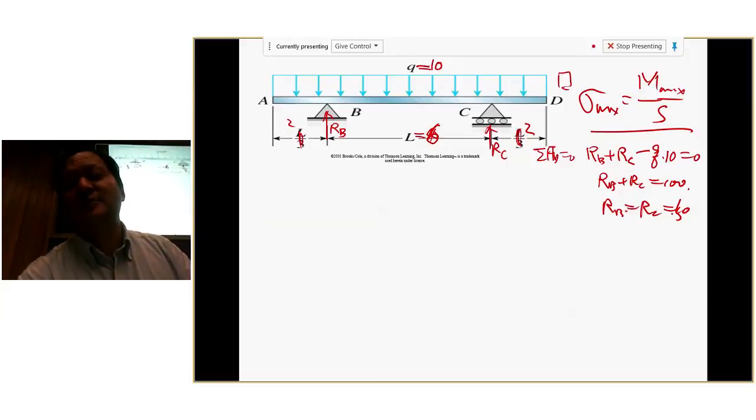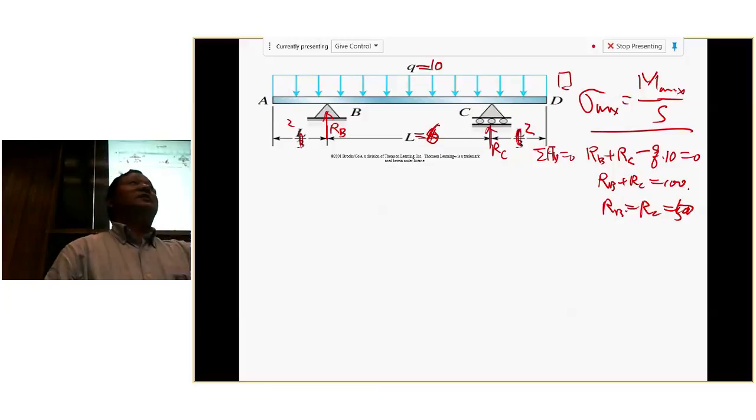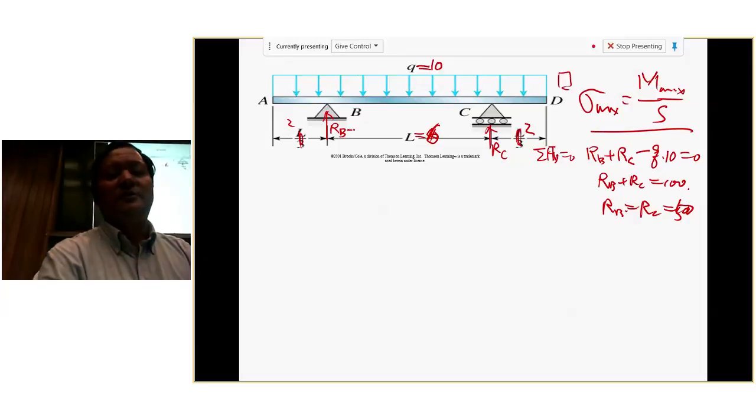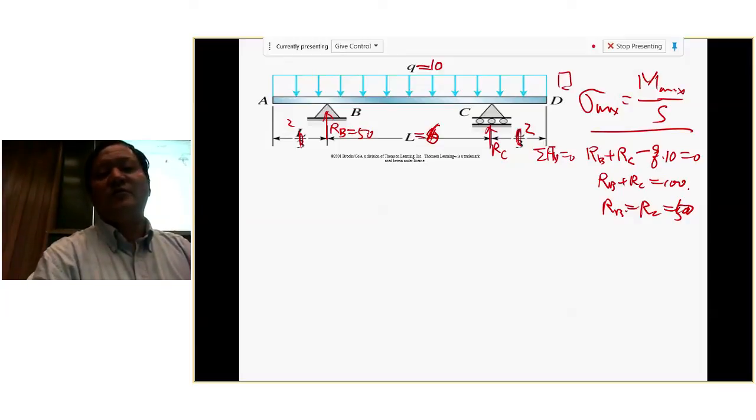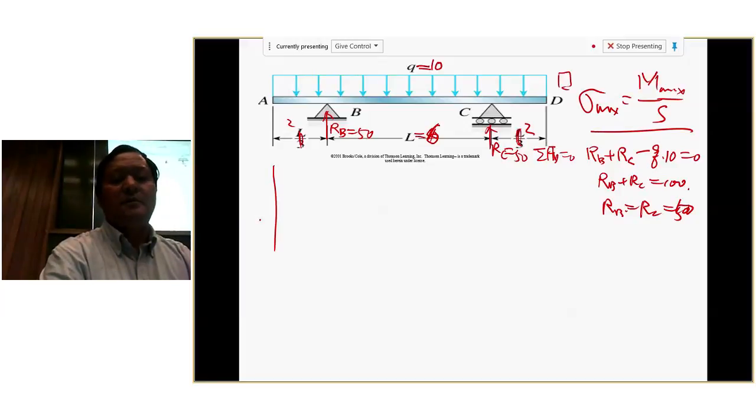Once you are experienced, you can sometimes get answers quickly. But at the beginning, or if you're not sure, write the equation of equilibrium and find it correctly. Okay, so 50-50, we know now. All right, so now what's the V? What's the M?